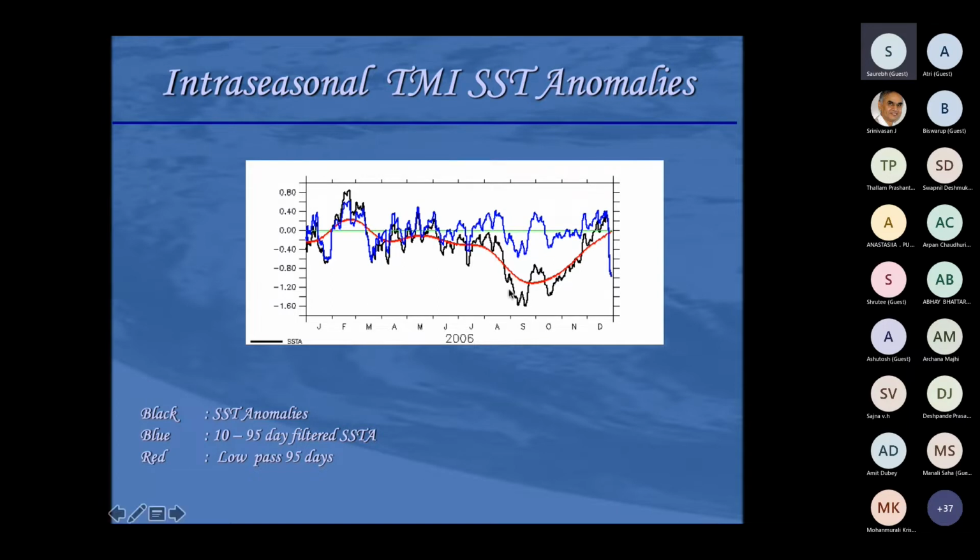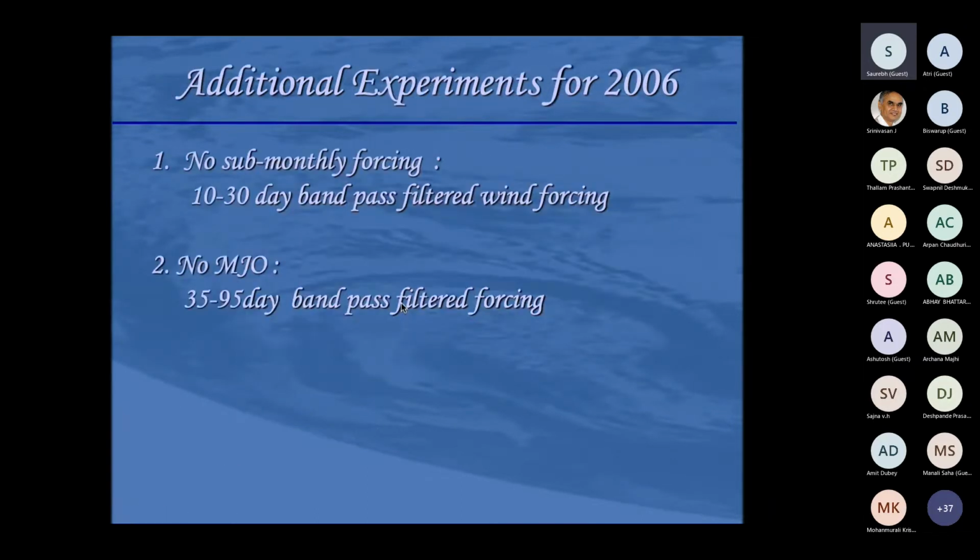The black curve is the actual SST anomalies, and the blue is the intra-seasonal component, and the red is a slowly varying seasonal component. So here we see that it is the seasonal evolution component which is mainly contributing, with the intra-seasonal signals amplifying the signal to some extent. So it is even possible to understand the contribution of these intra-seasonal events by applying appropriately modified forcing to the ocean general circulation model.